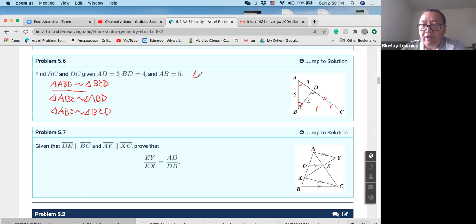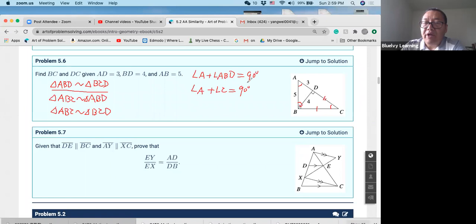Let me write down here. Angle A plus angle ABD equals 90 degrees, right? Because ABD is a right triangle. Then we also can get angle A plus angle C equals 90 degrees, because triangle ABC is a right triangle, and angle B equals 90 degrees.